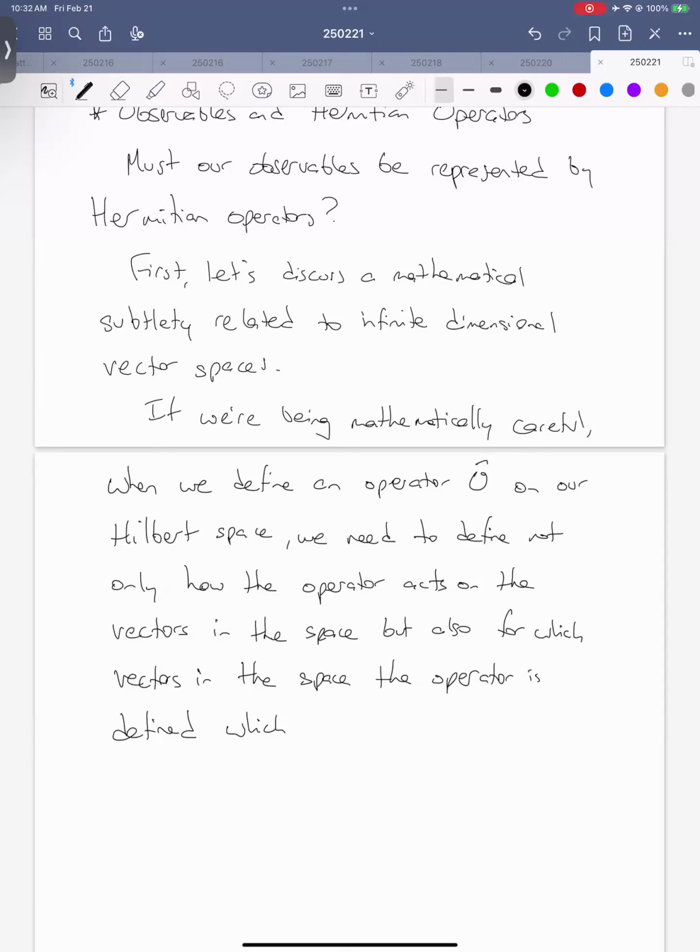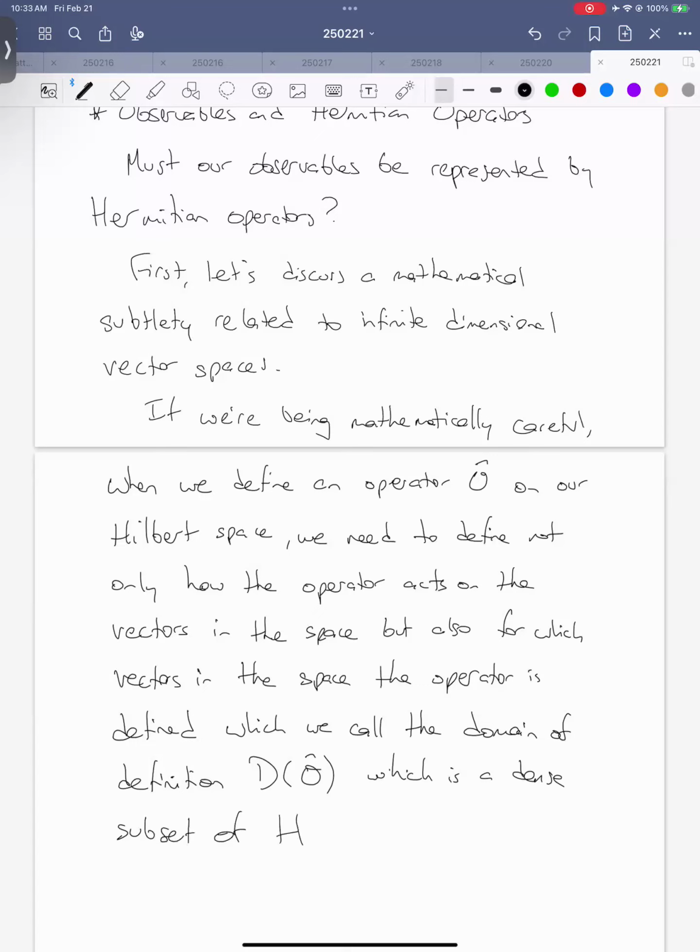Which we call the domain of definition, say D of O, which is a dense subset of our H. So if we call this a Hilbert space H.